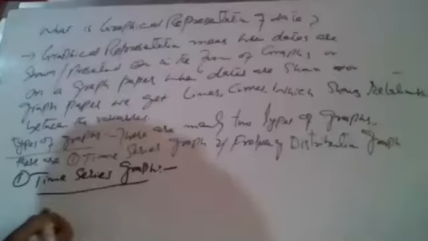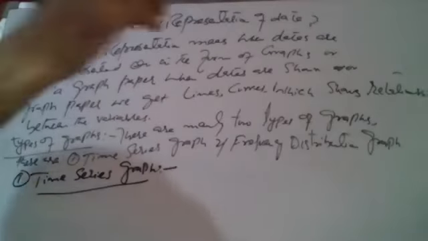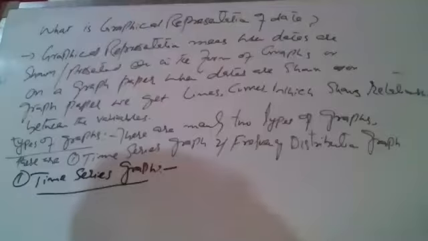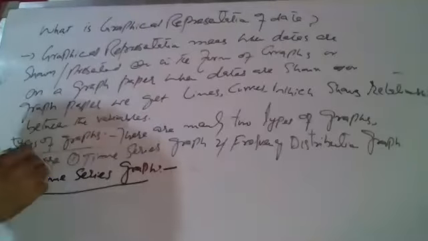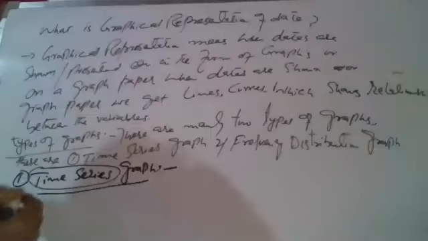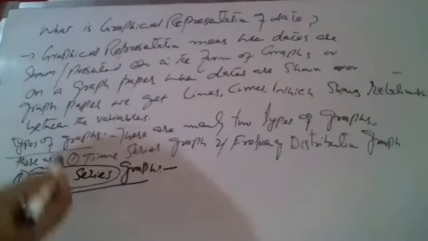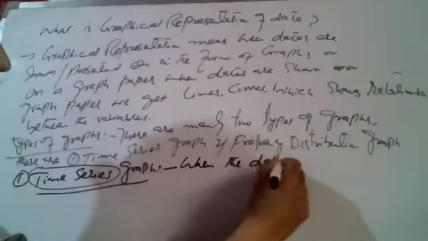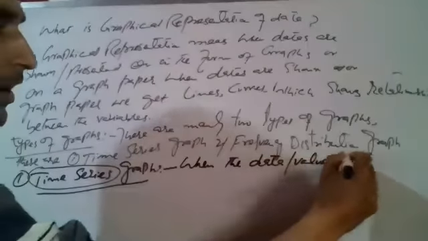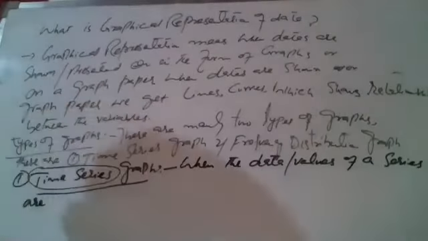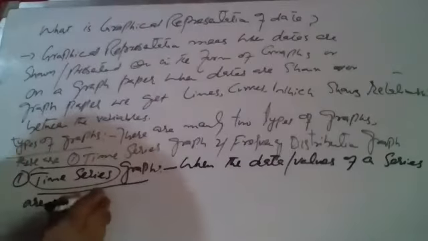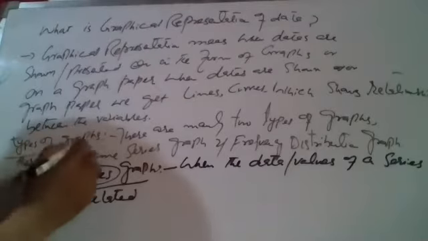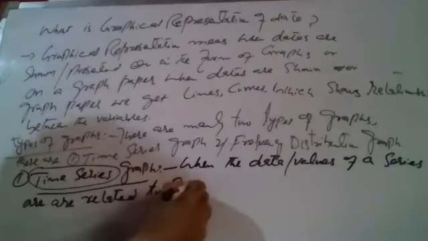आप लिख लीजिए ये what is time series graph. When in a series values of a variable are related to a time period, the series is called a time series. जब datas relate होंगे, when the datas or values of a series are related to some time period.